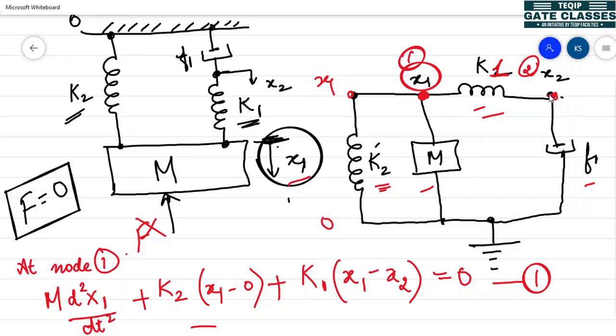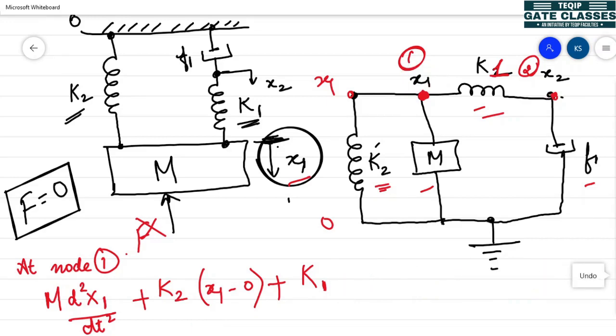Now I have to develop the second equation at node 2. So at node 2, you can observe that there are only two elements. First is the spring element K1 and second is the damper F1.